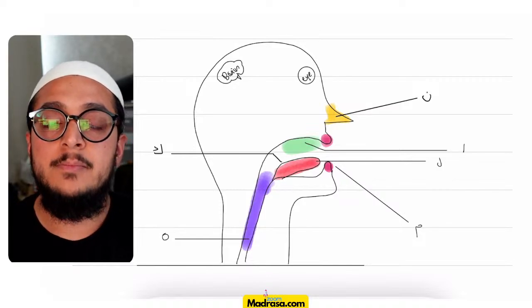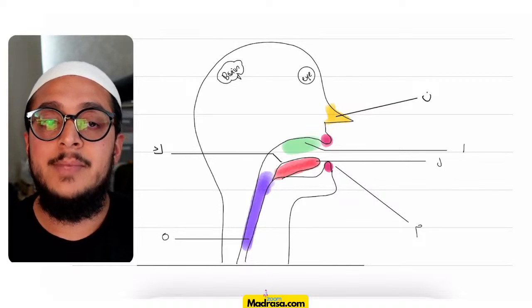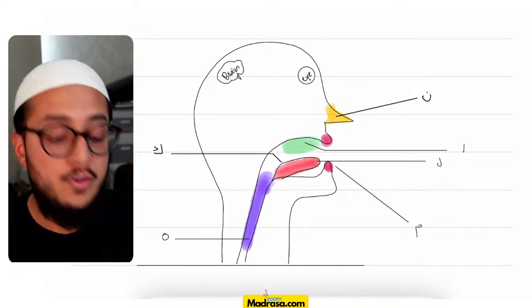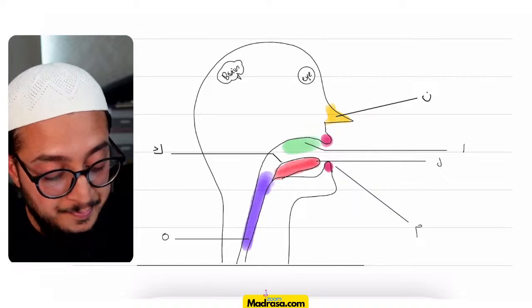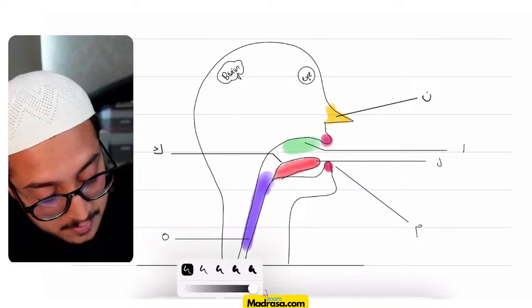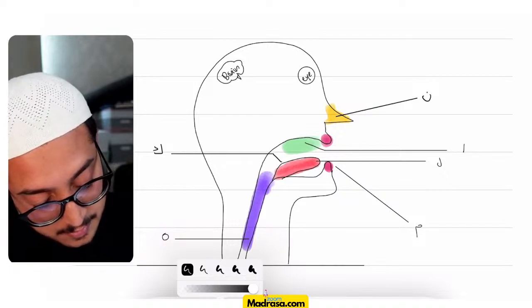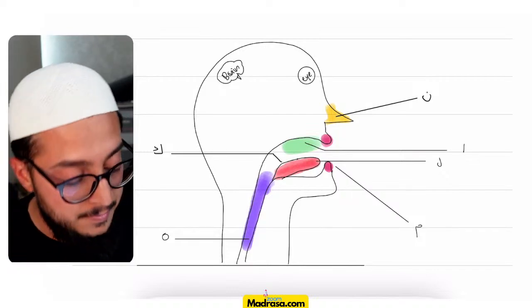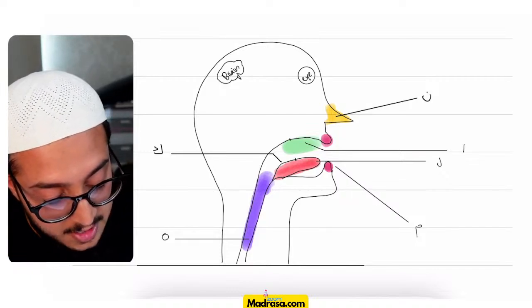Now say with me, ya. It is the middle of your tongue against the palate area, this and this area here.